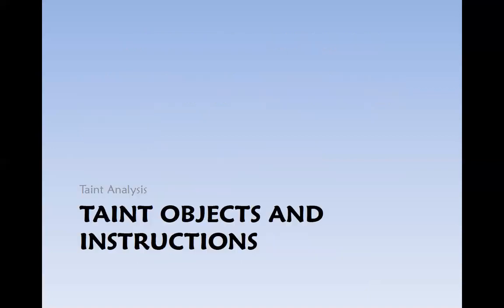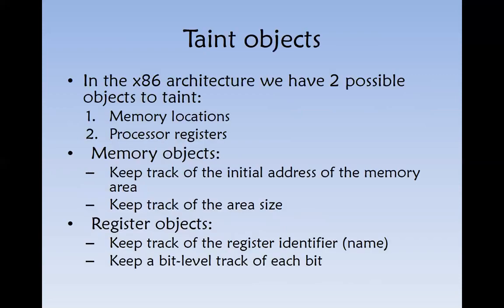All right, so now let us look at taint objects, how objects get initialized with taint, and various instructions. Taint objects, we have to understand, are the granularity at which you decide to store taint. If you think about the granularity at which to store taint at the C, C++ or Java level of abstraction, what you generally think about are things like variables, because those are the objects that you, the programmer, see and directly manipulate.